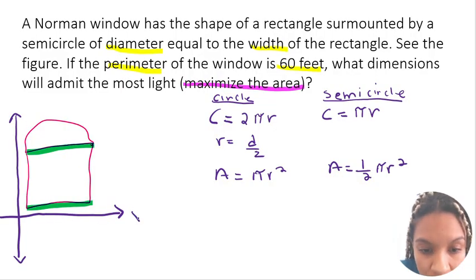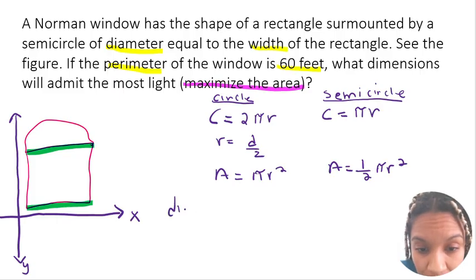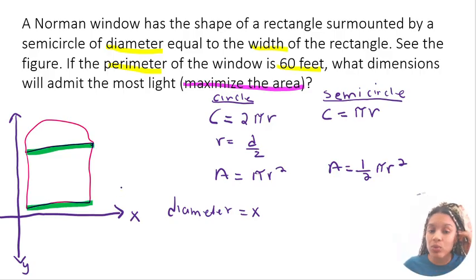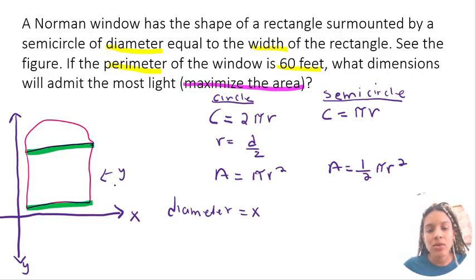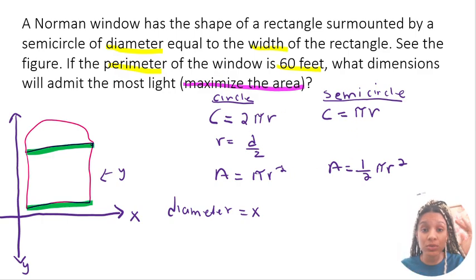We have x and y. For the diameter, we are going to use the letter x. So for the diameter, we're going to say that equals x. For the length, we are going to say that is y. So this is going to be my y. If you notice, I have some things here that we are going to need as we go forward.